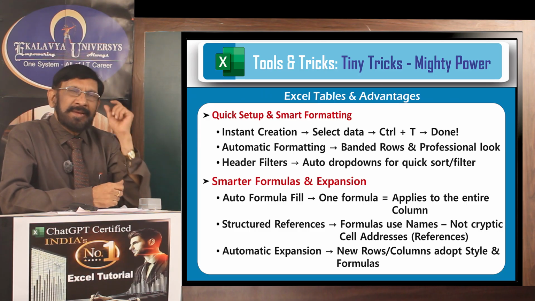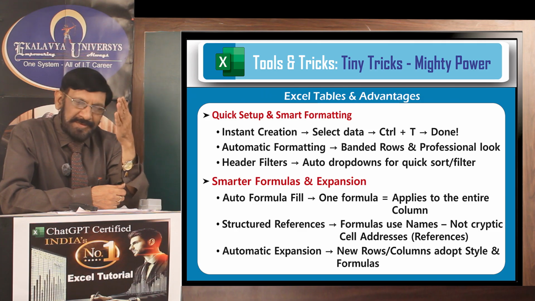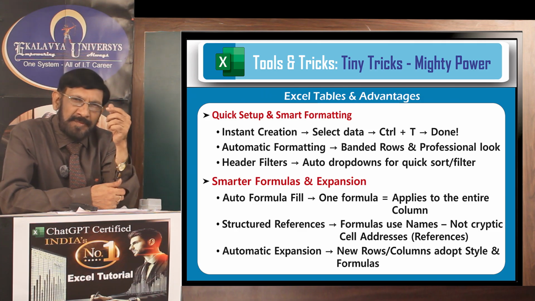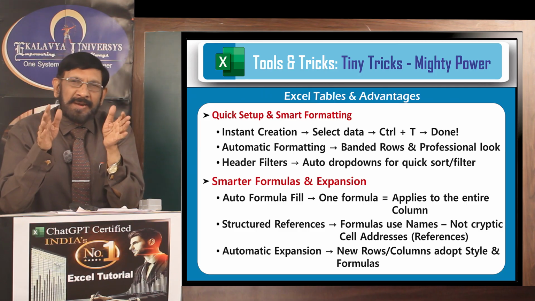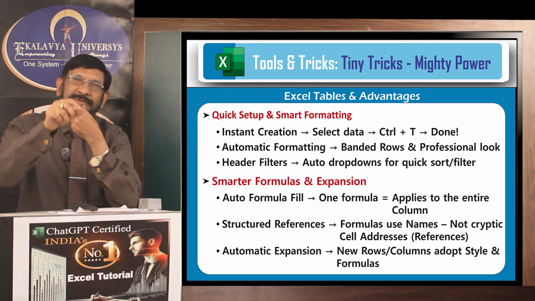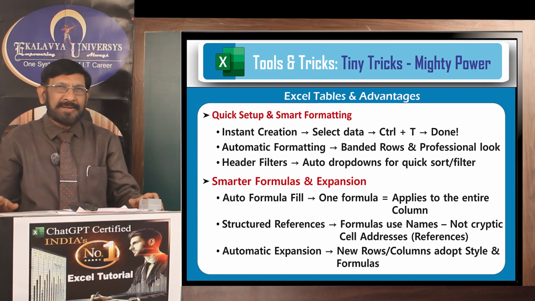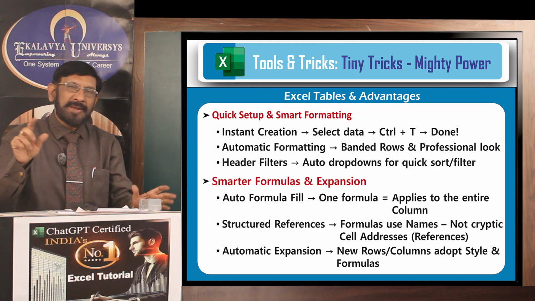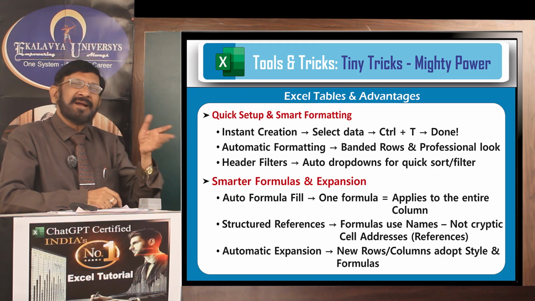Now, by creating a table, which advantages can we derive? Auto formula fill. Actually, let us say there are 100 rows in one column. In the first row, you apply a formula, and thereafter, without dragging down, in all the remaining 99 rows the formula is applied and the value is written there, regardless of the number.